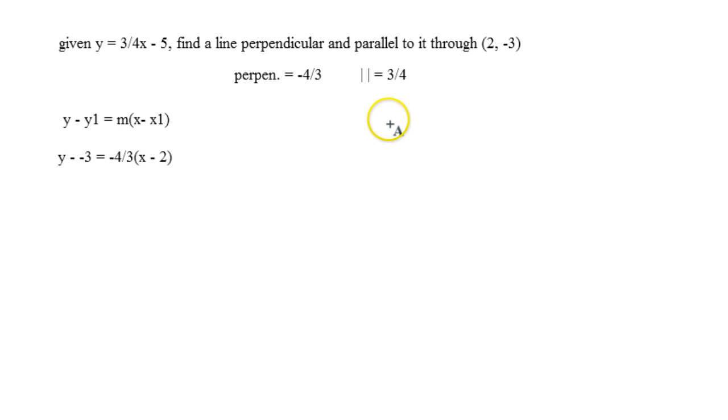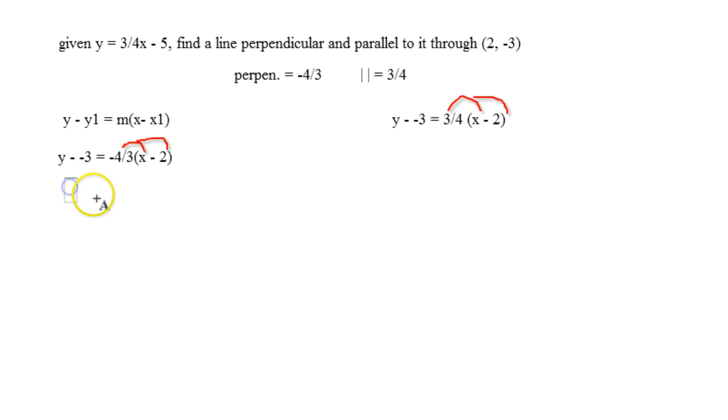That's the first one, and then the parallel one is going to be y minus -3 equals 3/4 times x minus 2. Now if it just asked for point-slope form, you're done. But if it asks for slope-intercept form, you need to distribute the slopes and then solve for y.